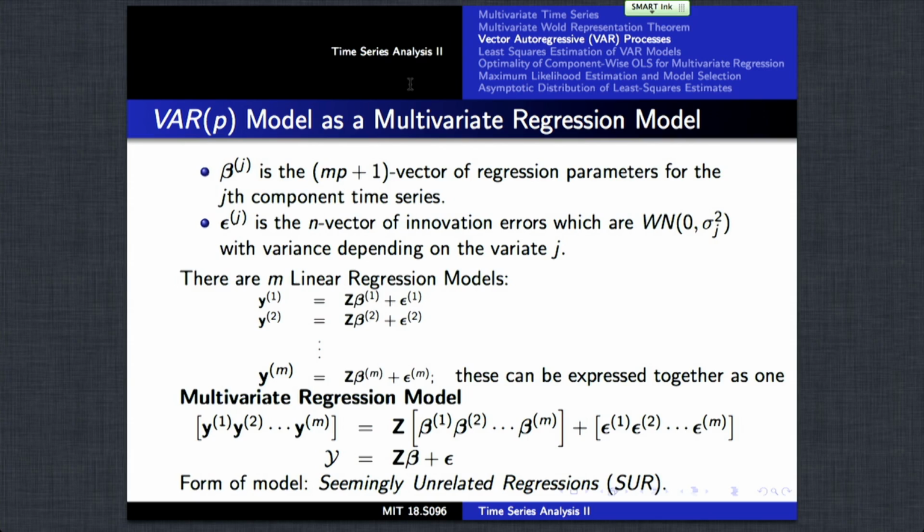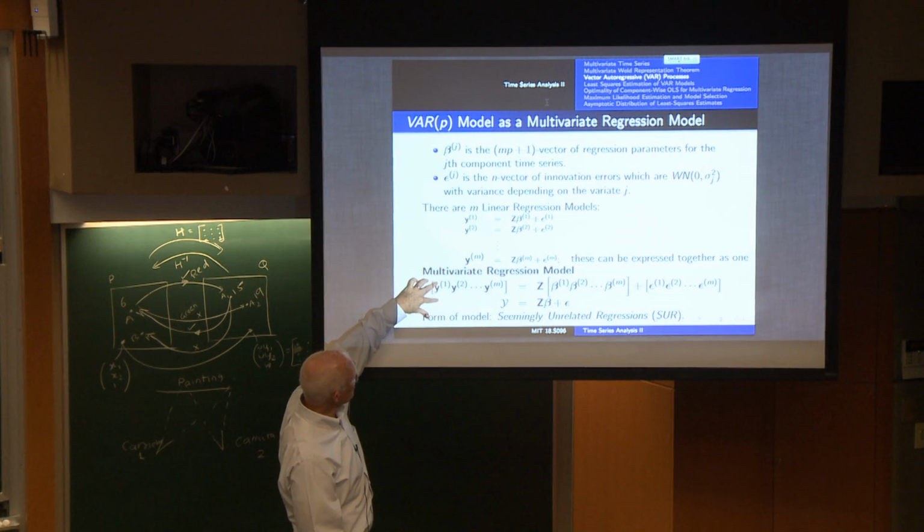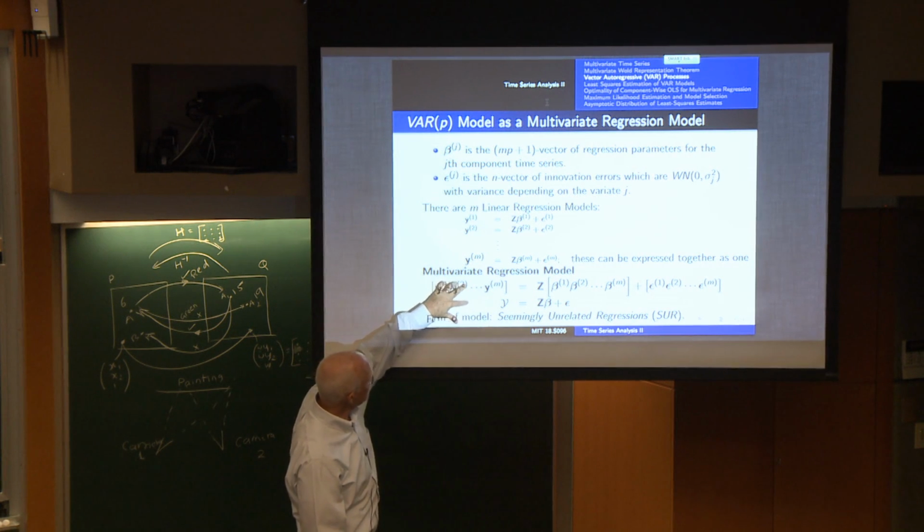One might think one can consider each of these regressions for each of the component series separately, but to consider them all together, we can define the multivariate regression model, which has the following form. We basically have the n vectors for the first component, and then the second component up to the mth component.